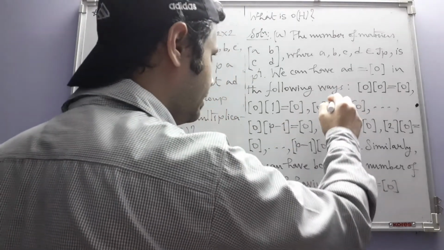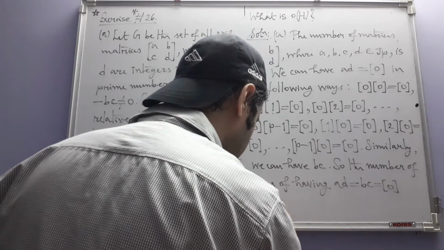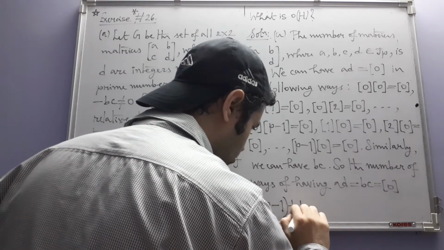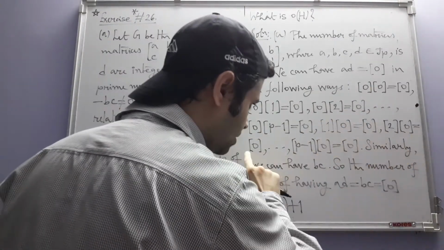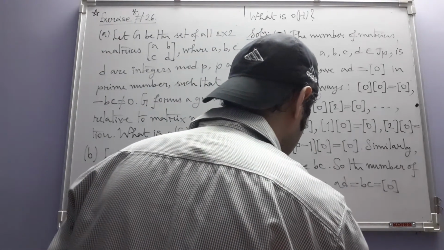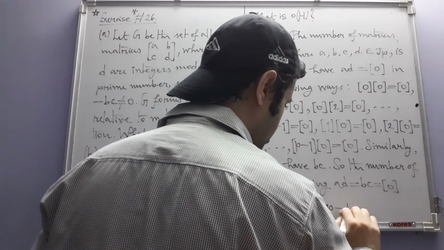So AD itself can be 0 in this many ways: P minus 1 plus P minus 1 plus 1. So this is 2P minus 2 plus 1, which is 2P minus 1.